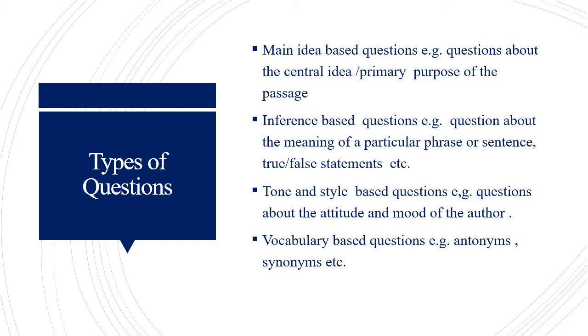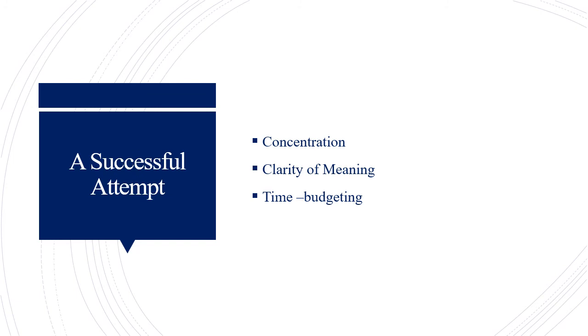So students, to answer all these 4 types of questions successfully, we have to work through a strategy, and that strategy requires concentration on the part of the student, because if we concentrate fully while reading that very passage, only then we can get clarity of meaning.